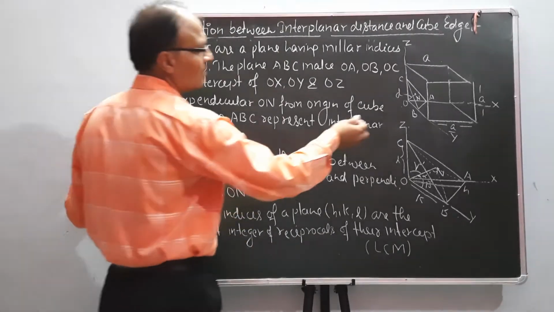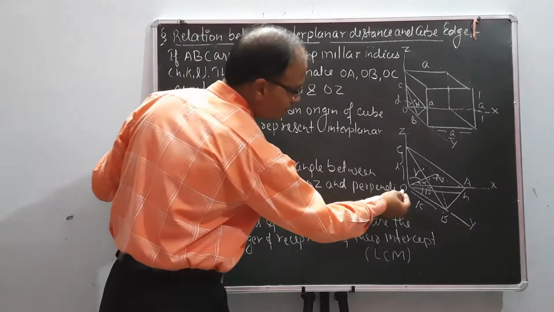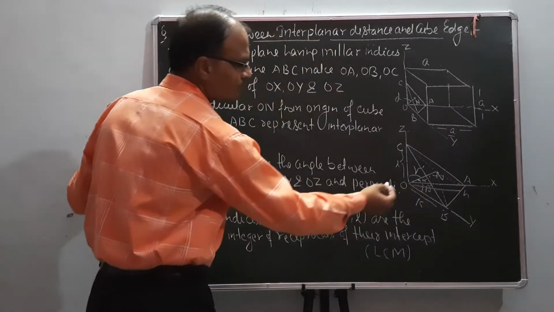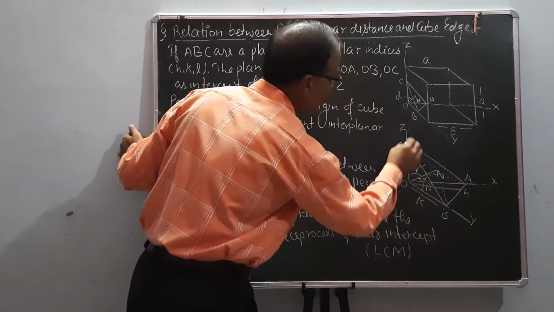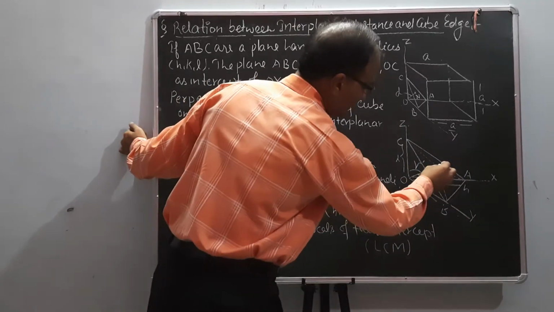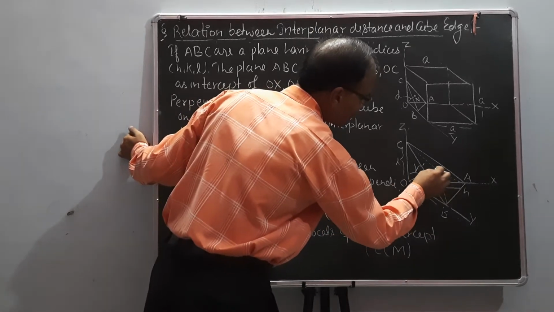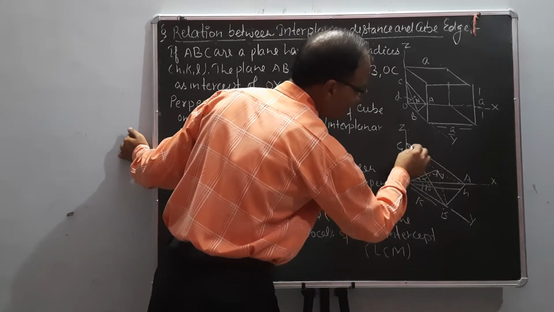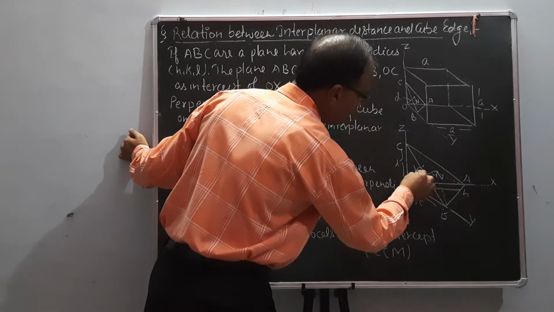If I explain the cube figure, now we draw the figure: OA on X, OB on Y and OC on Z. N is the point where the perpendicular from O meets the plane. This is the center point of the triangle. So this distance is small d.